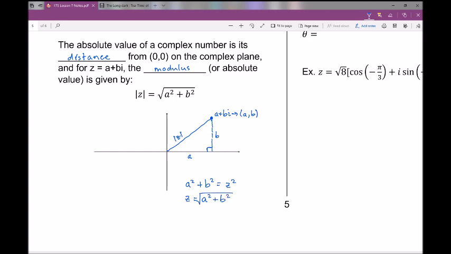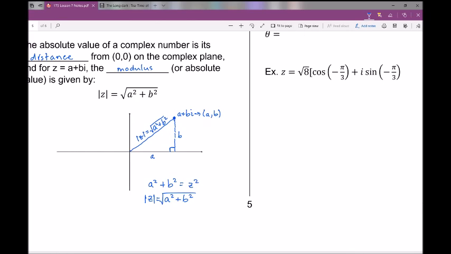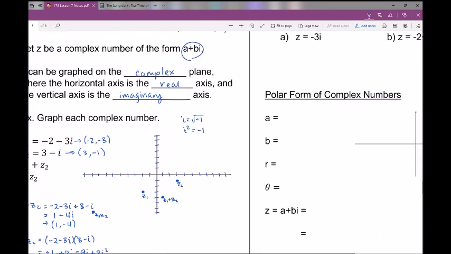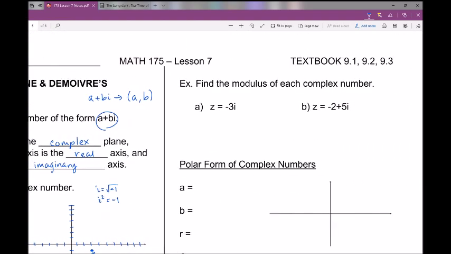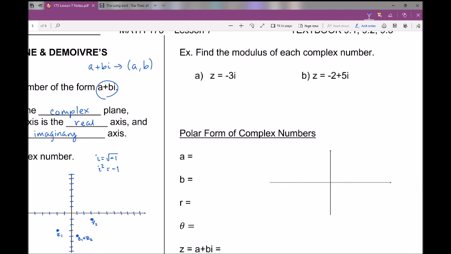And because we're talking about a distance in particular, we want to make sure that that distance stays positive, and that's why we add the absolute value bars. So we can say that the modulus of z, or the absolute value of z, is the square root of a squared plus b squared. All right, so hopefully that makes a little sense, but we're going to practice with a couple of examples on some numbers next. So we want to find the modulus of each complex number.